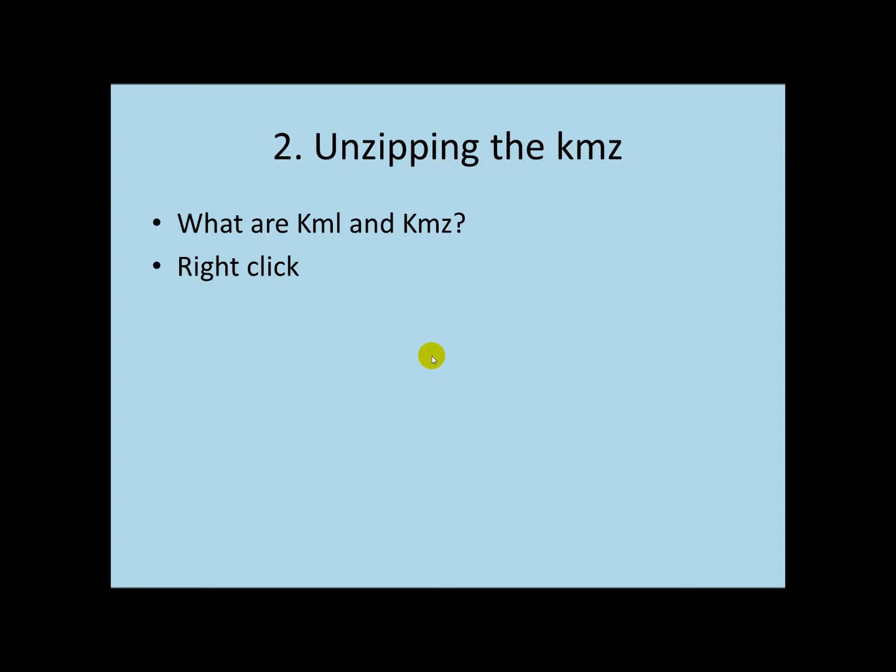A KMZ file is simply a KML file that's compressed, and therefore the Z meaning zipped. It's a zipped KML. So when you digitize in Google Earth, it assumes that you want it zipped, and it creates a KMZ. Since we want a KML, we're going to have to unzip it. And now I will show you how you unzip a file.